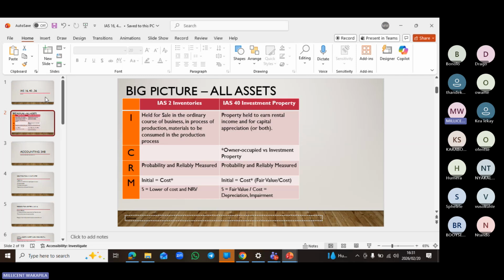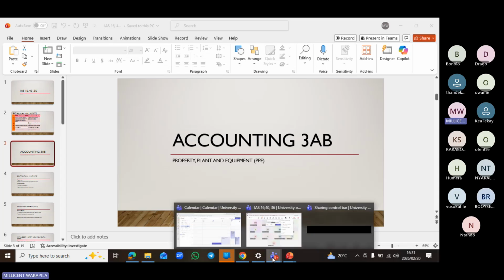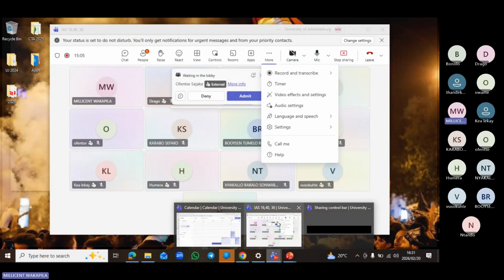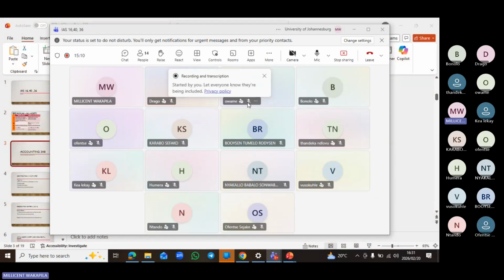So now let's go into detail. Before we go into detail, do we have any questions? Let me just quickly check if we've got someone who has raised their hand so that we can see that you have a question. And also, may you please assist me by admitting your colleagues. If your colleague is actually waiting in the lobby, can you just admit them into the class?